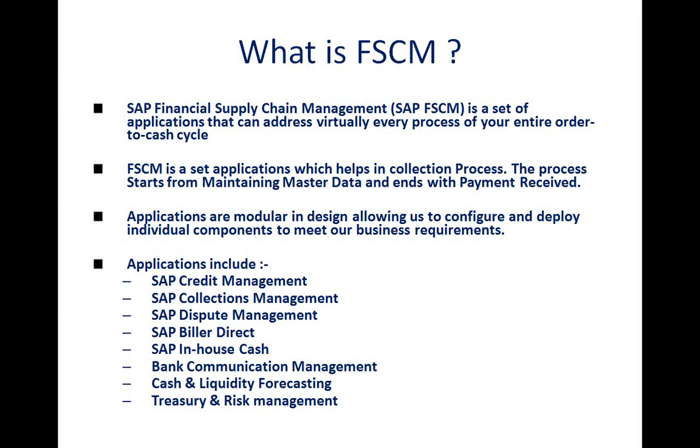Unlike that, the subsidiary in the UK will request either head office or another subsidiary in the US to make a payment on behalf of the UK. So that you can avoid intercompany, you can avoid exchange gain or loss, and the subsidiary there in US will make payment to the vendor for the supplies made to the UK subsidiary.